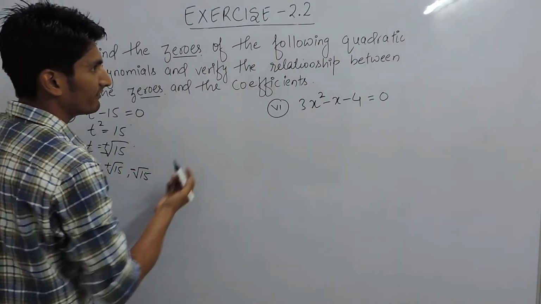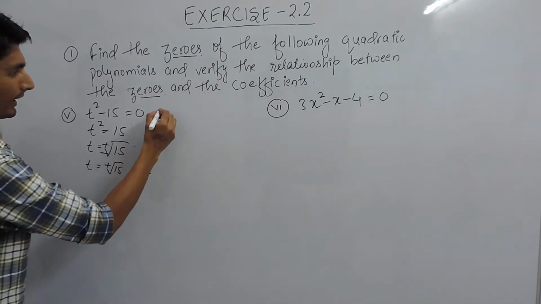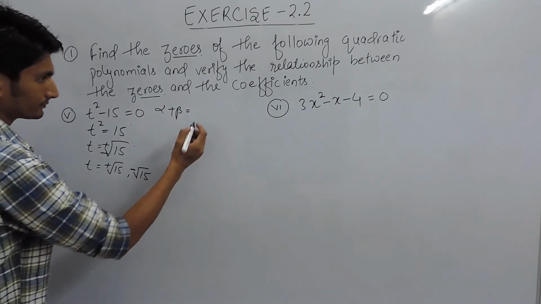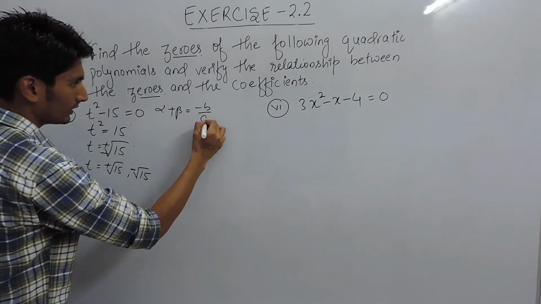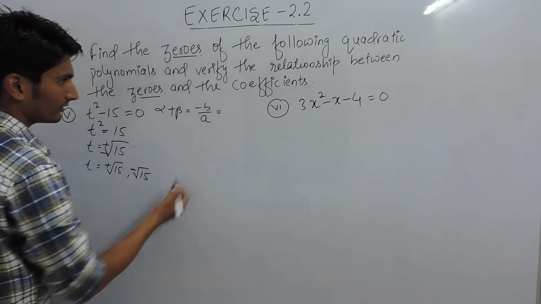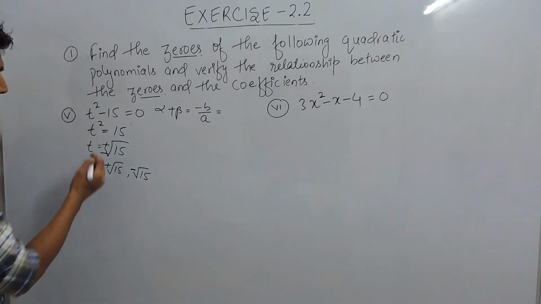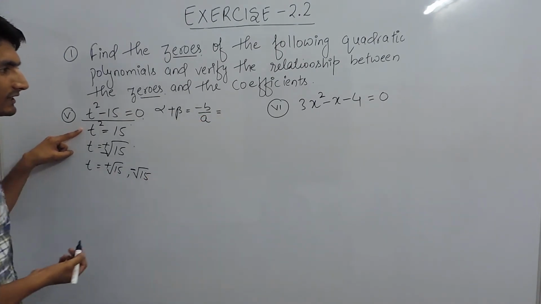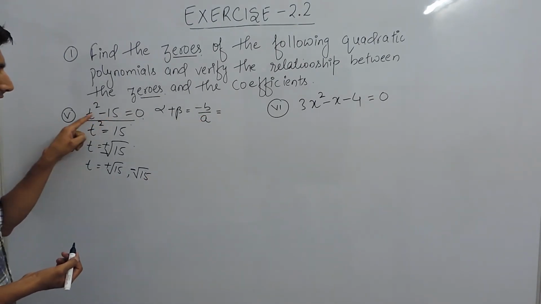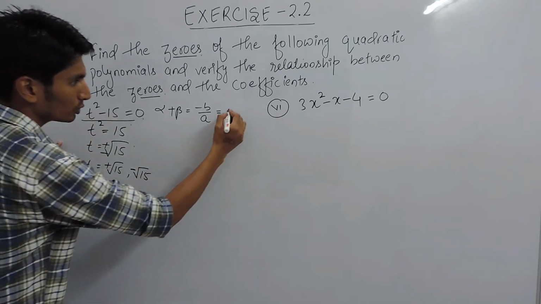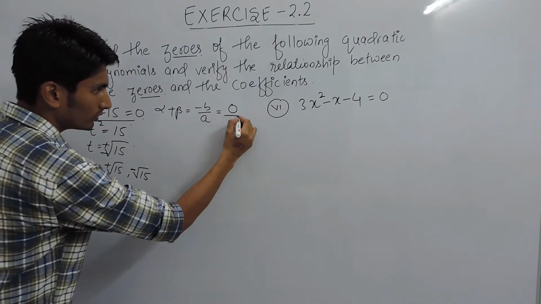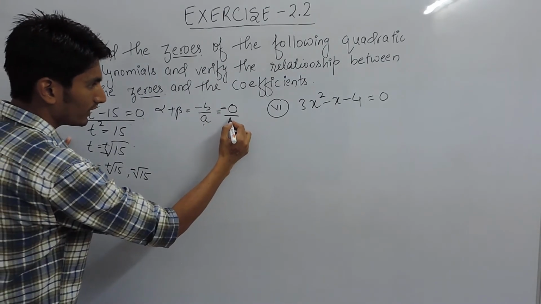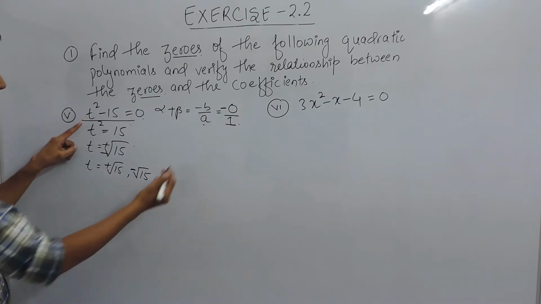After that you have to verify the relation between the zeros and the coefficients, and we know that the sum of roots is basically minus b upon a. According to this quadratic polynomial, b is basically the coefficient of x, because here there is no x, so the coefficient will be 0, and a is basically the coefficient of x square, or you can say t square, which is 1.